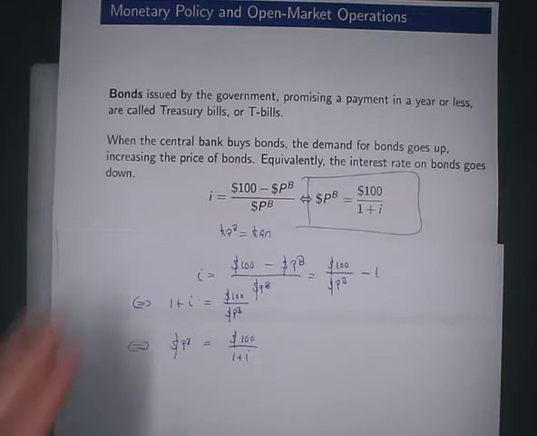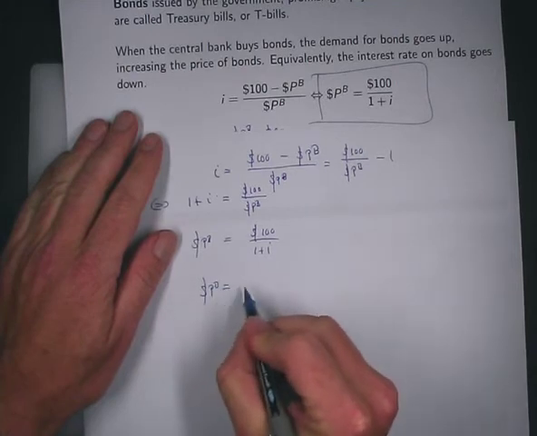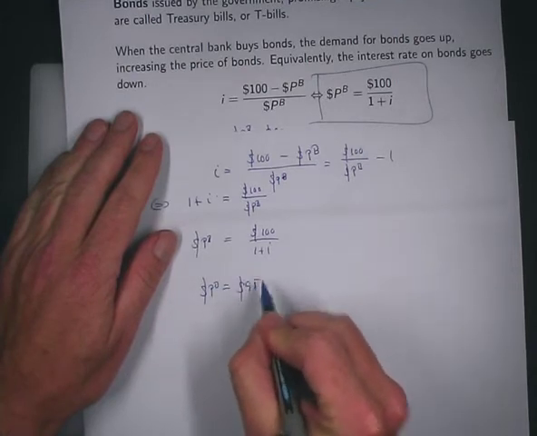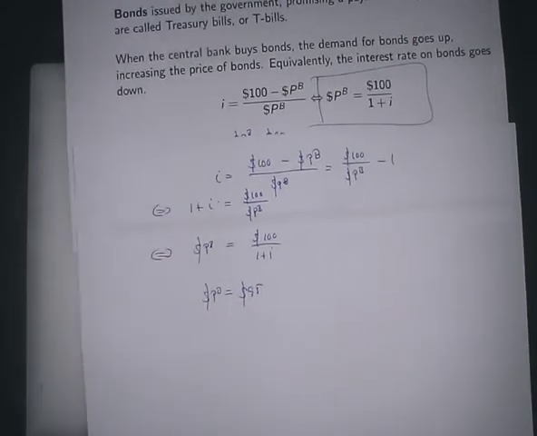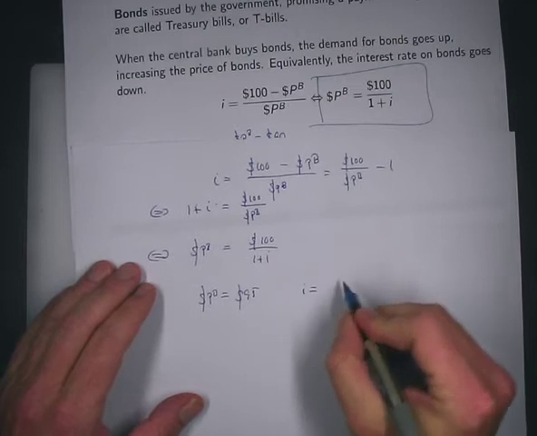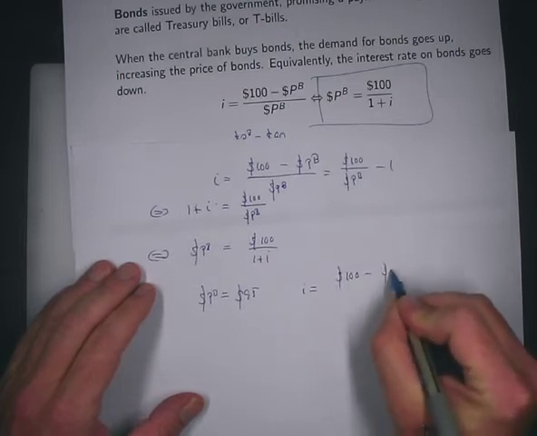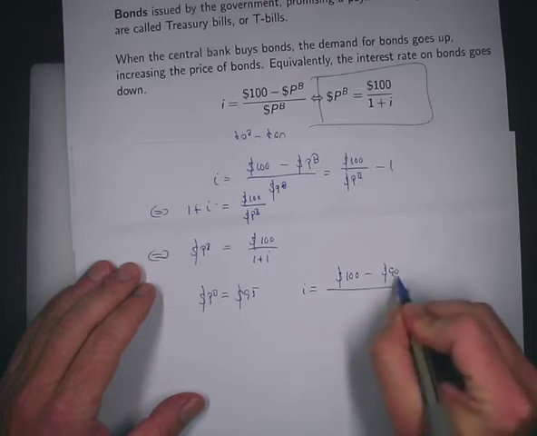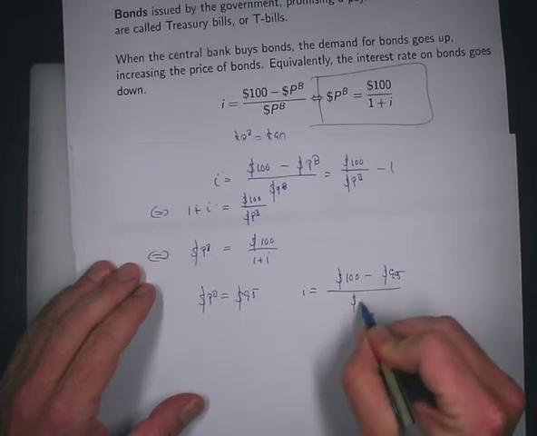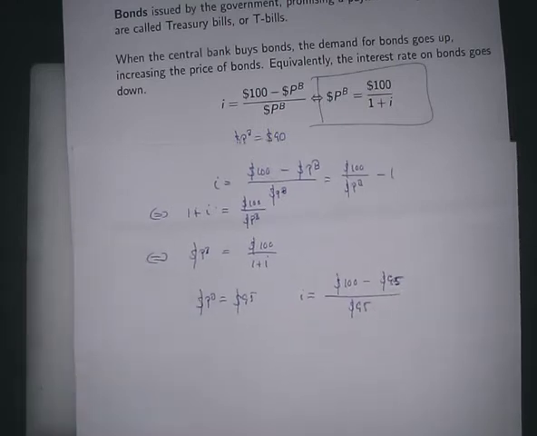So if the price goes up to $95, what happens? The price on the bond market goes up. What happens to the interest rate? Well, the interest rate is still given by this formula.